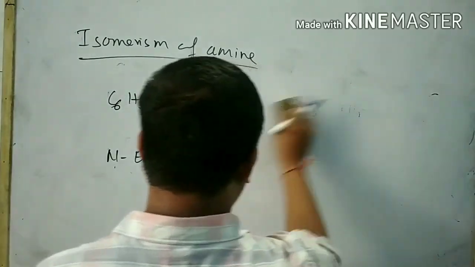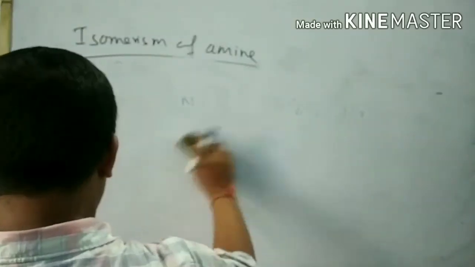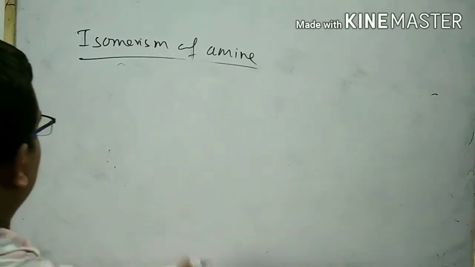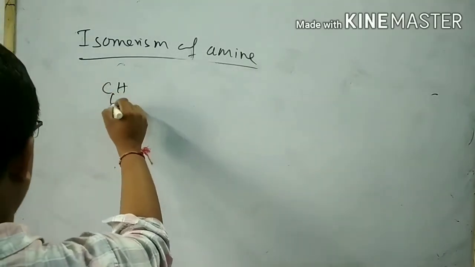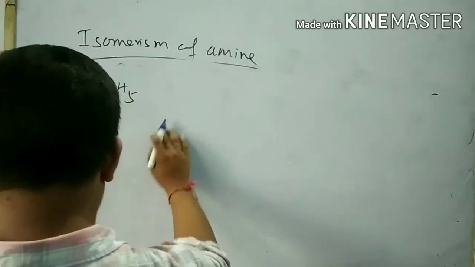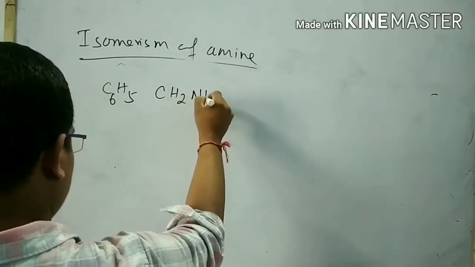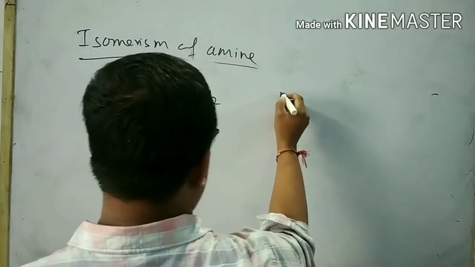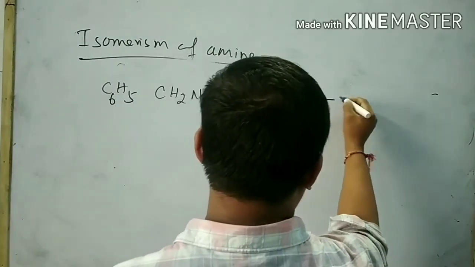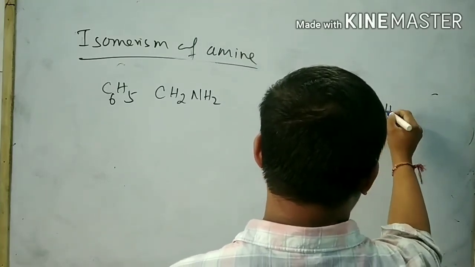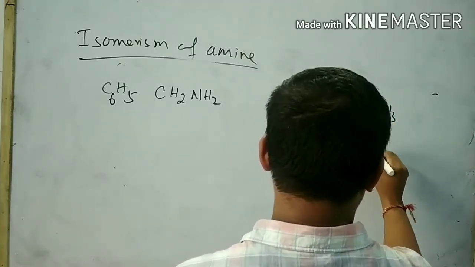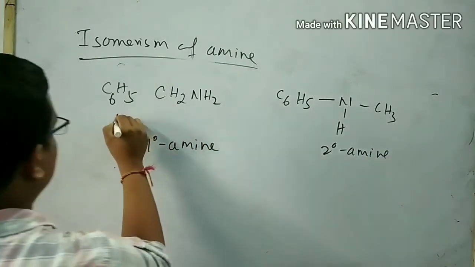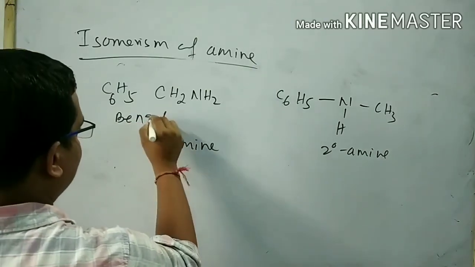Now I will discuss functional isomerism. Functional isomerism means they differ in their functional group. Suppose we take C6H5CH2NH2. Here a 1 degree amine is present. We can write another example, C6H5-NH-CH3, which is a 2 degree amine. The first is a 1 degree amine. The name of the first compound is benzylamine.